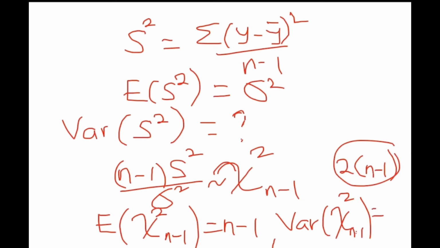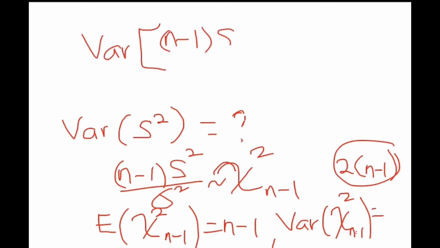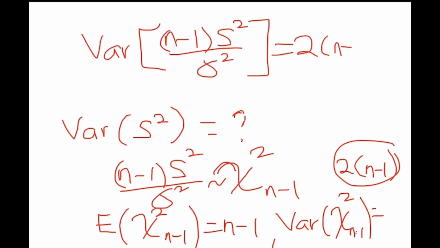So I'm going to use this idea now. I write the variance of n minus 1 times the sample variance over sigma squared, and this is equal to 2 times n minus 1, because what we have in the parentheses is a chi-square statistic, and the variance of a chi-square is 2 times the degrees of freedom.